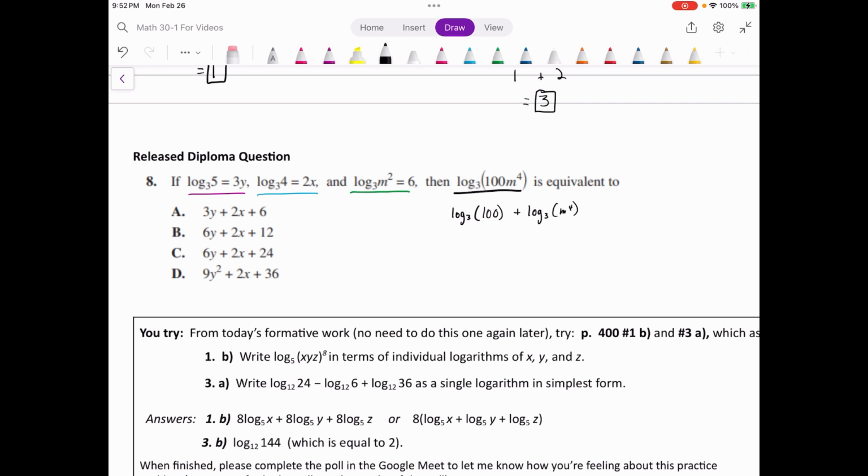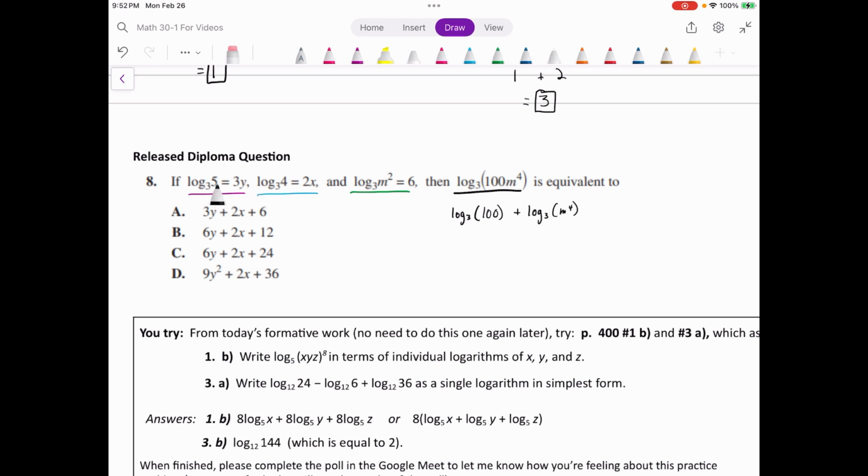Now, if your brain went in a different direction, that's okay. Like I said, there's pretty much always more than one way to approach these, okay? But for me, I said, okay, I just want to split up the number part, the constant part, the coefficient, I guess, and the m part. Because now I can focus in and I can say, okay, 100, could I rewrite that in terms of 5s and 4s?